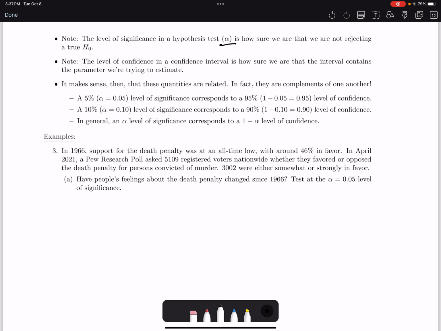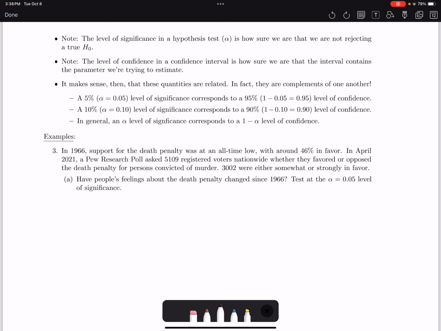Now you might say, why don't we set alpha to be 0? But the problem with that is the same as the problem with setting a confidence interval to 100%. The more confident we want to be that we're making the correct decision, the less accurate, the less precise we can be with our confidence intervals. And it's the same way with the hypothesis test.